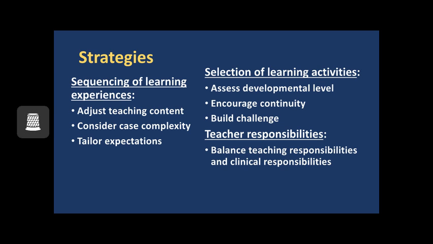Selecting learning activities includes assessing the developmental level of the learners, encouraging continuity, and building challenge into the experience based on learner developmental level. Teacher responsibilities include balancing teaching and clinical responsibilities while maintaining patient care and safety.